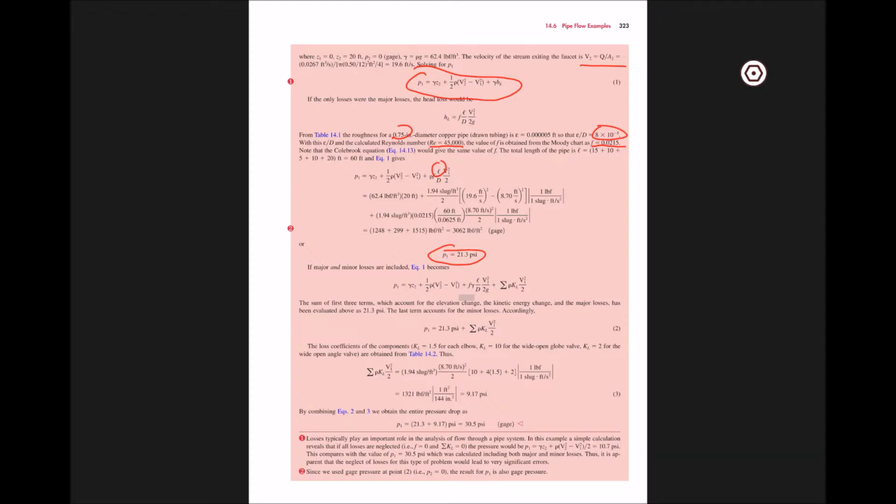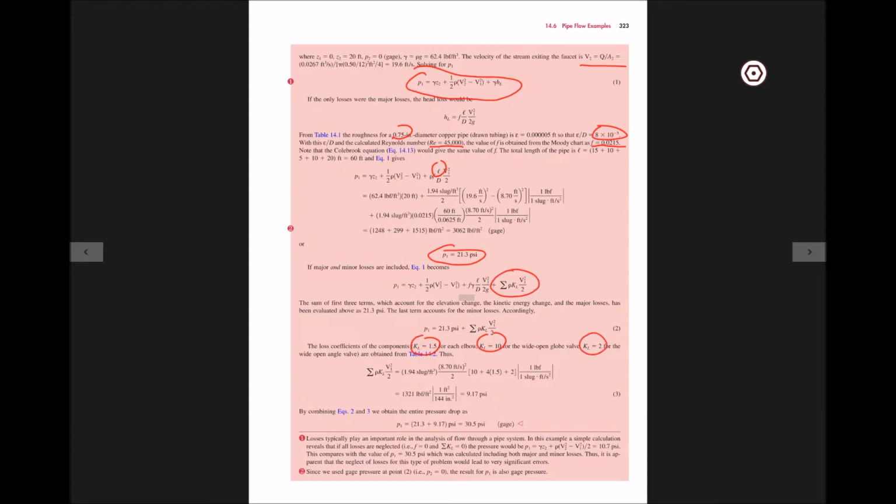Now, that is if we were considering only the major losses. If we are considering minor losses, we also add this term. We need to be able to calculate what K is. There is K_L, 1.5 for each elbow, plus 10 for the wide open globe valve, and 2 for the wide open valve.